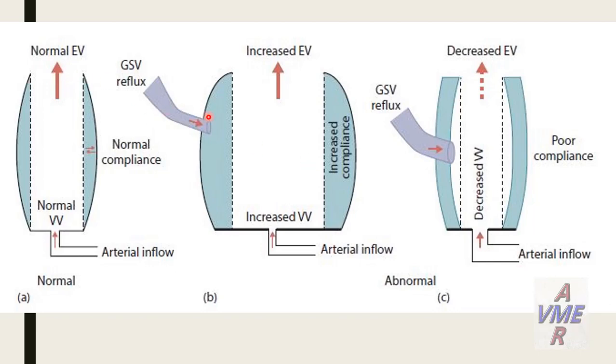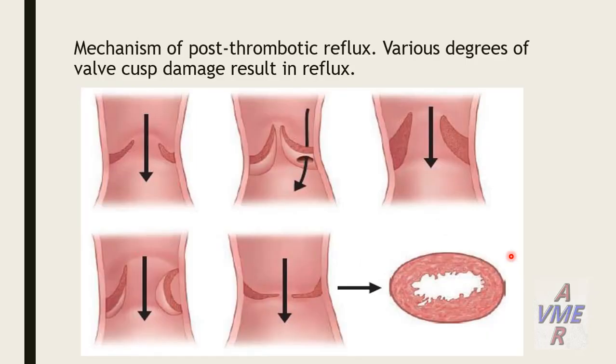If we have increased superficial reflux, it will increase the outflow of the vein and increase the ambulatory venous pressure. If we have failure of the muscle pump, it will increase ambulatory venous pressure. If we have increased arterial flow, like in an arteriovenous fistula, it will also increase the ambulatory venous pressure.